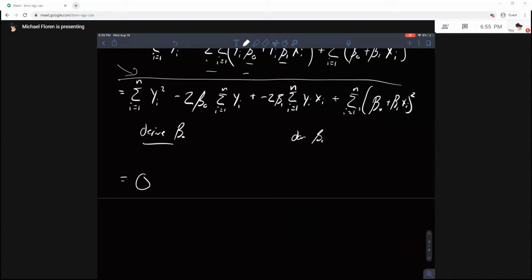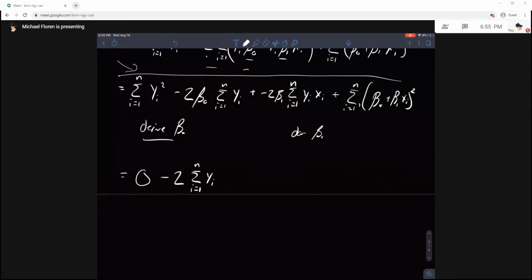There's no beta 0s involved. The second term becomes minus 2 sum from i equals 1 to n of y sub i. So the beta 0 carries down the power, and then beta 0 goes to the 0 power, so it just becomes 1. This next term doesn't have any beta 0s in it, so that just becomes 0.